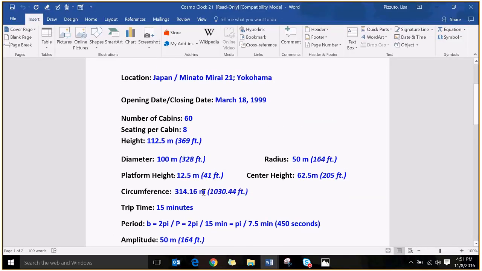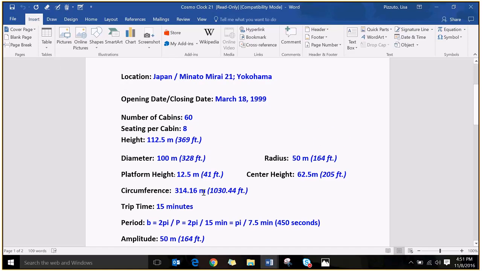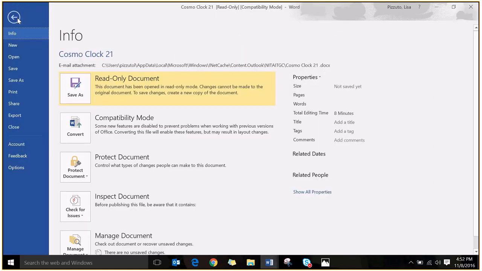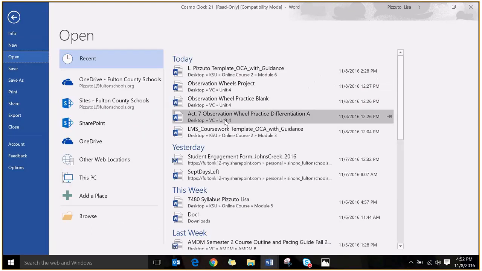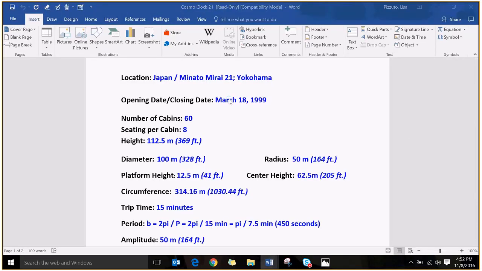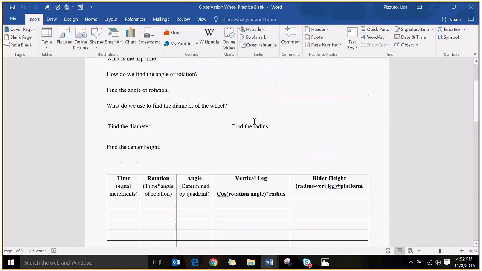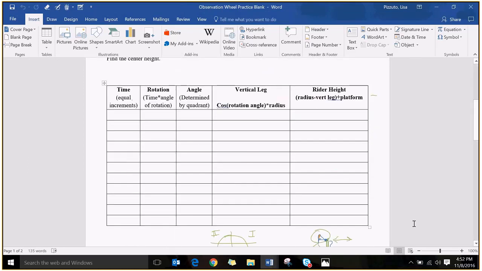Yeah. I have another document. Let me open recent. This is an example. This might help you a little bit. What you're putting in your Google Sheets are these pieces of information.